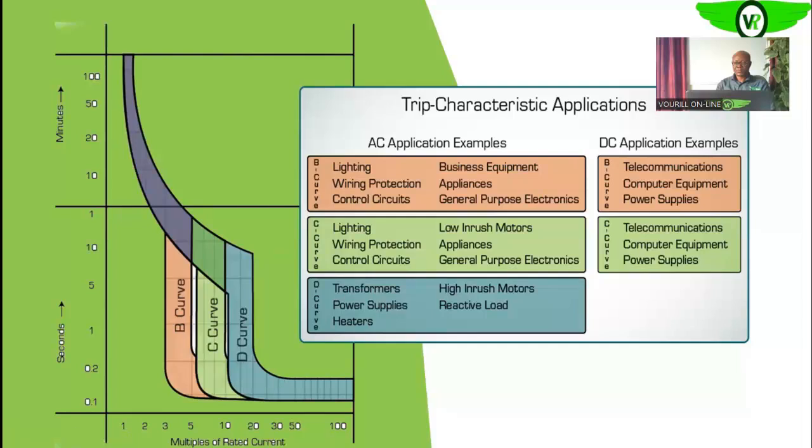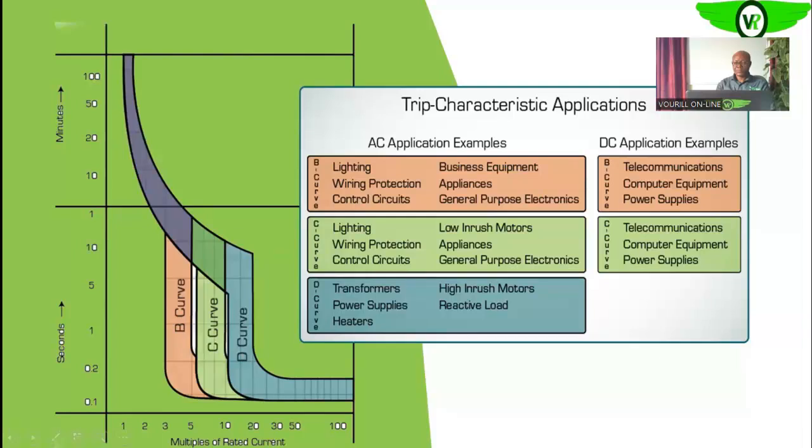Then for the D circuit breaker, you see that you can use it for transformers to take care of that high inrush current. Most transformers have an inrush current somewhere between 2 to 10 times the nominal or rated current of the transformer. So if it is 2 to 10 times, you see that that is not enough to cause the D circuit breaker to trip instantaneously.